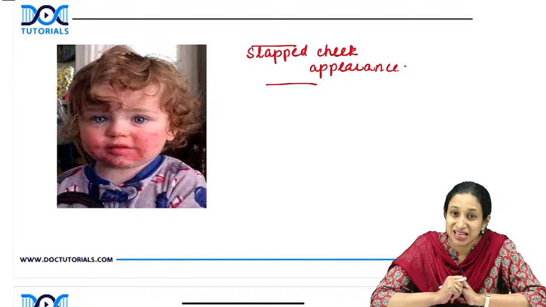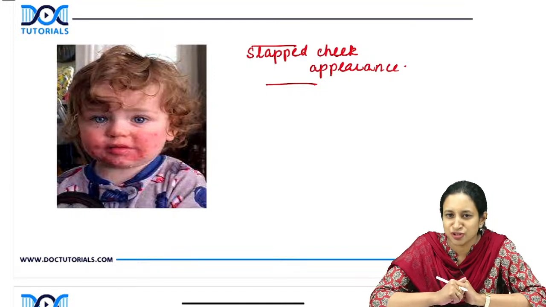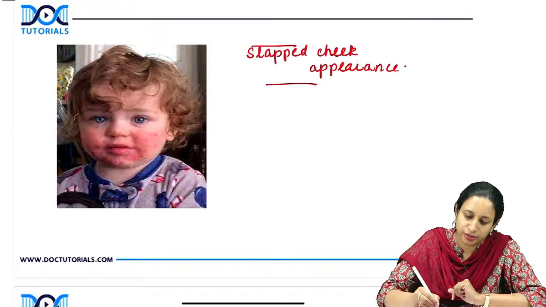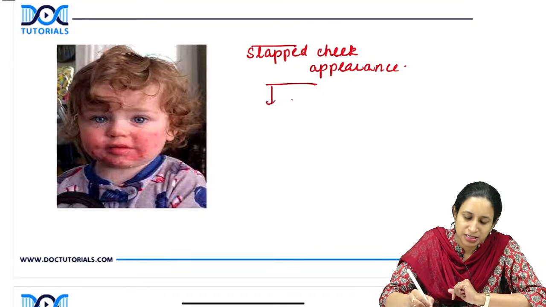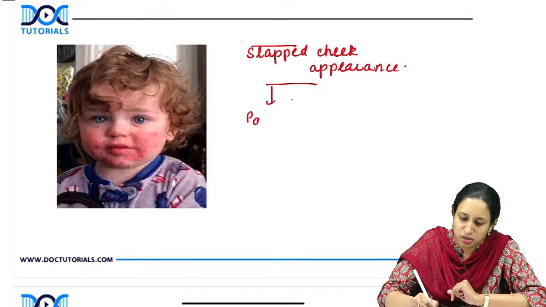Where do you see slapped cheek appearance? Very good. What causes slapped cheek appearance? Which virus is responsible for slapped cheek appearance? Very good. The slapped cheek appearance is caused by parvovirus.